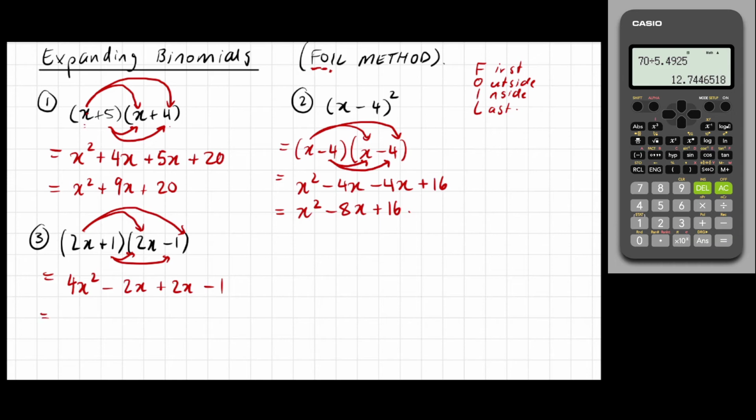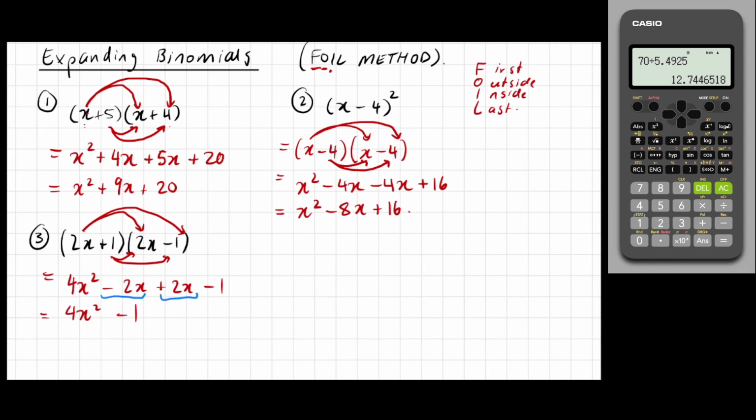Now this particular one has a special name. This one is called a difference of two squares, because these two middle terms, minus 2x plus 2x: if I have 2x and I take 2x away, what do I end up with? Hopefully you notice that it ends up being 0.